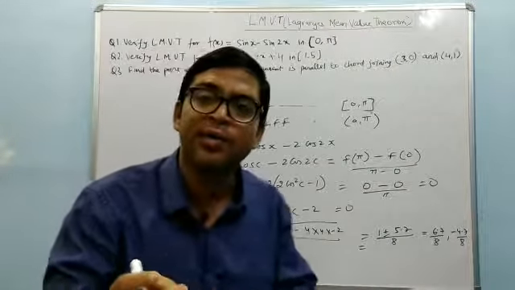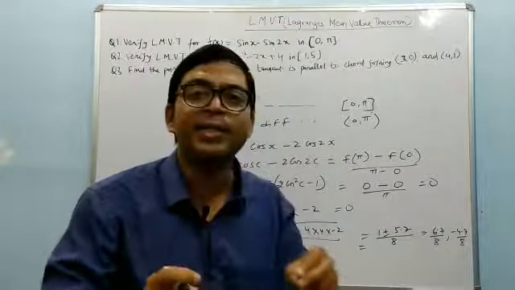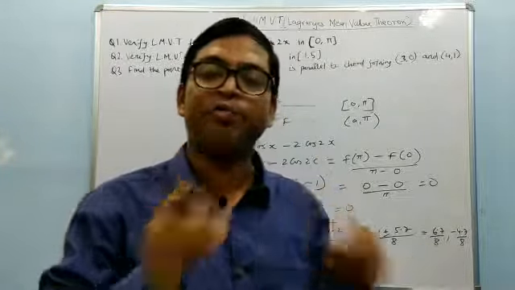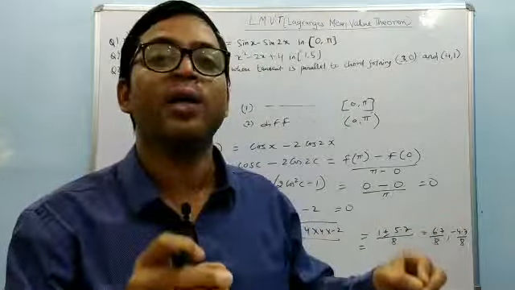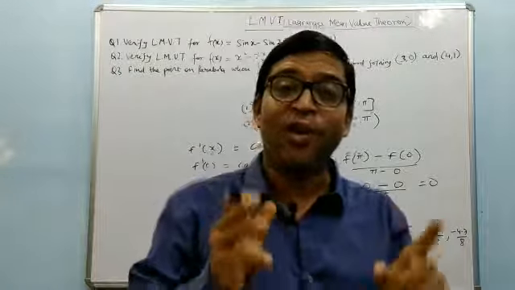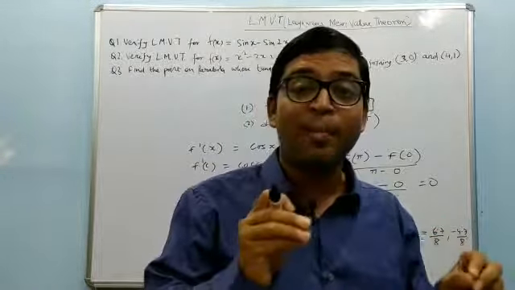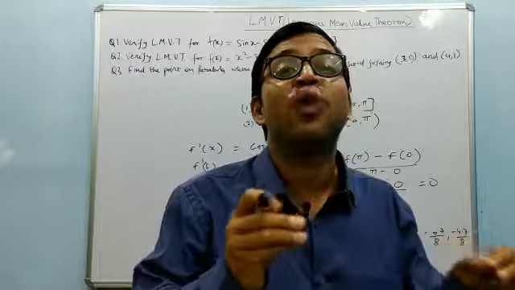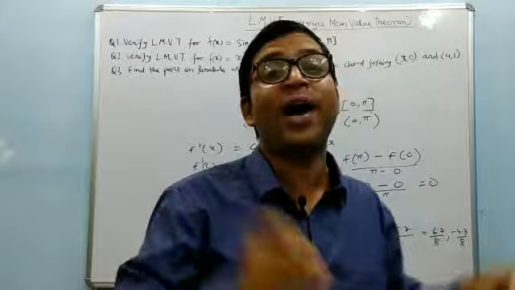Cos 0 is 1, cos pi is minus 1, and the values we are getting are between minus 1 and 1. So c is between a and b. So LMVT is verified here.